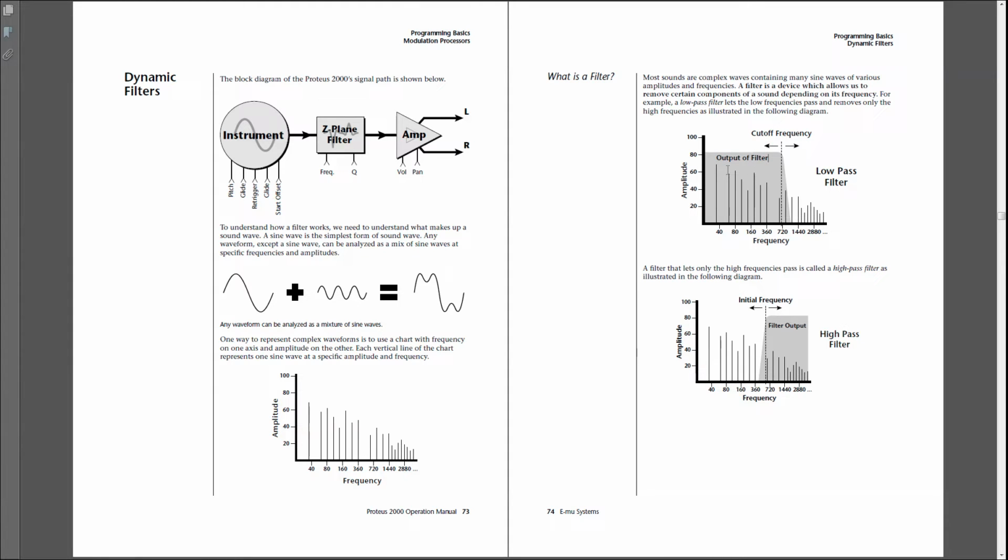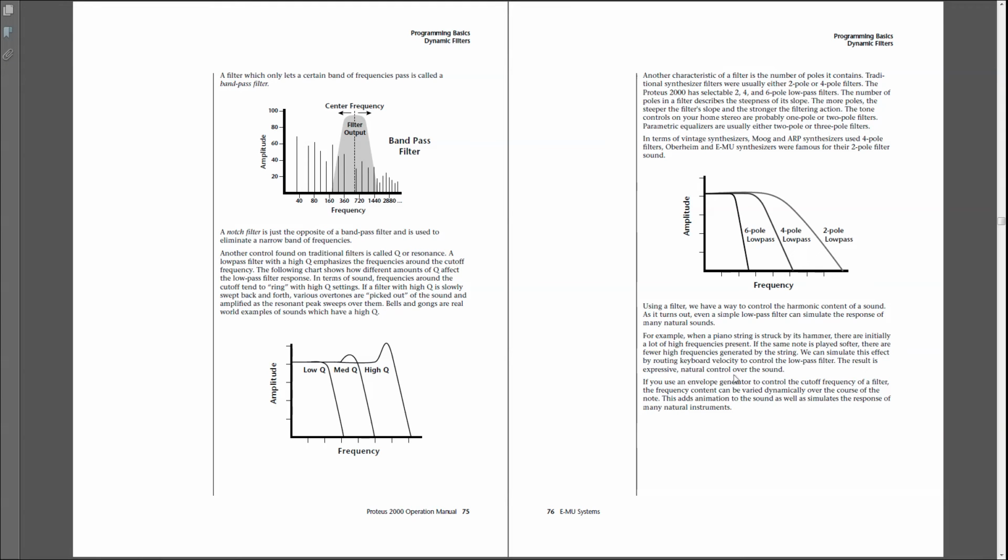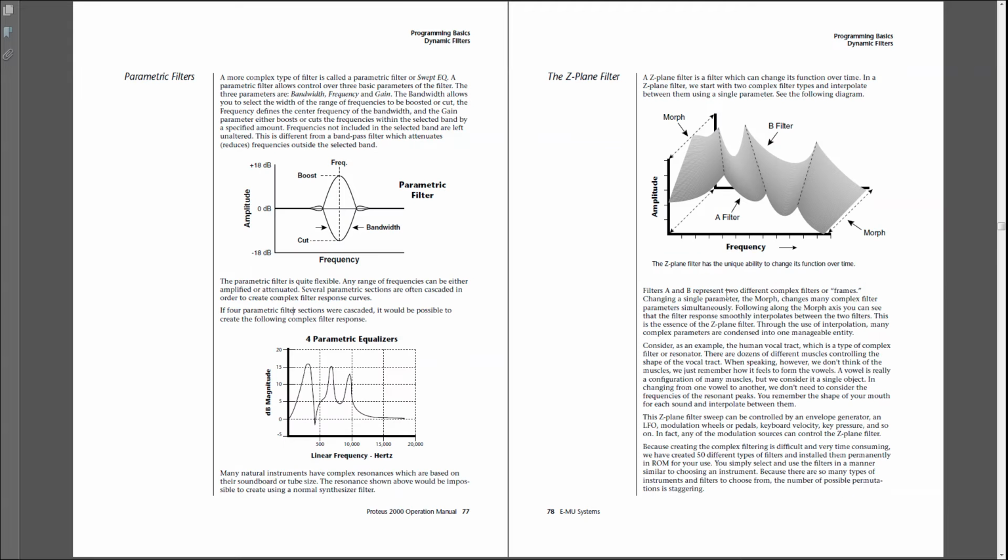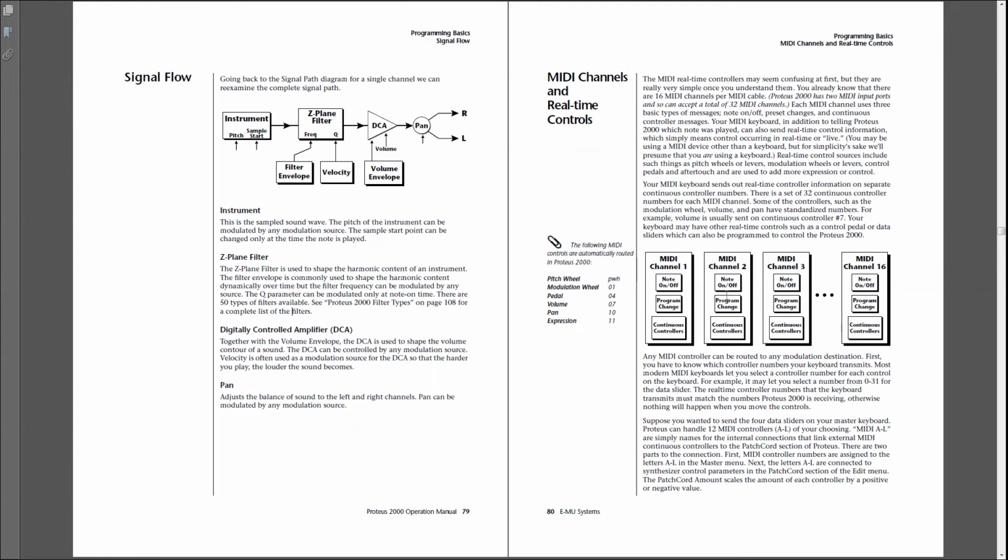You are making it duller, and if you turn it up, you're making it brighter. High pass filter works in the opposite way. Then you've got what some people call the Q, they do here, and others call resonance, and that just emphasizes the point that you're applying the filter. I don't want to get too much detail here.